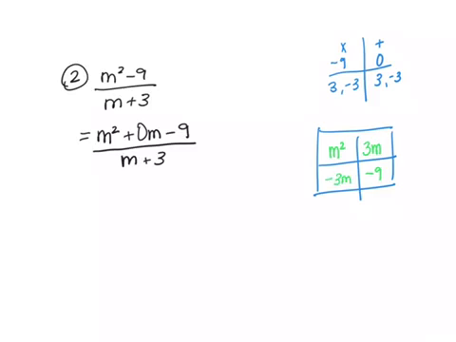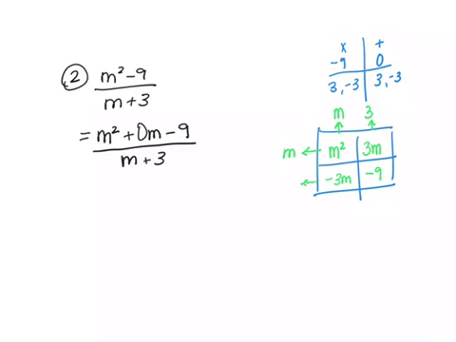And now we just need to look for common factors. So if I look here, m squared and -3m share a common factor of m. Here, 3m and -9, they share a common factor of 3. M squared and 3m would share a common factor of m.